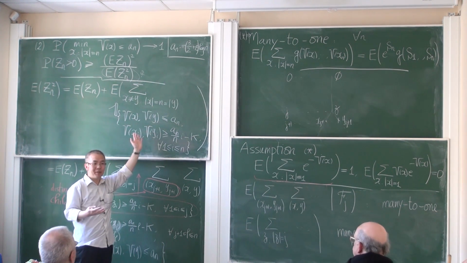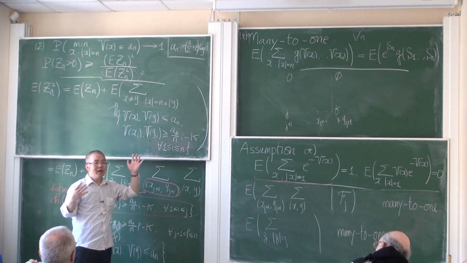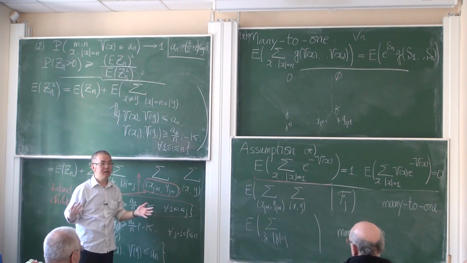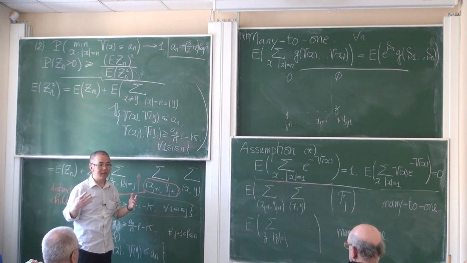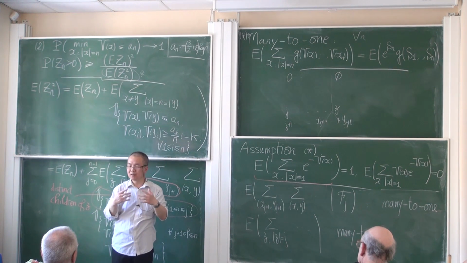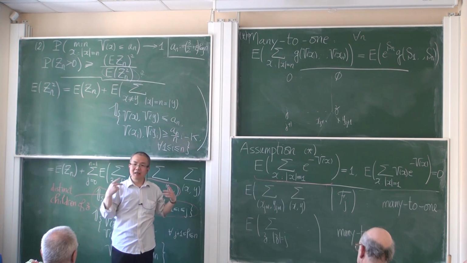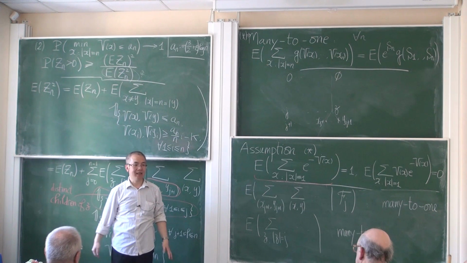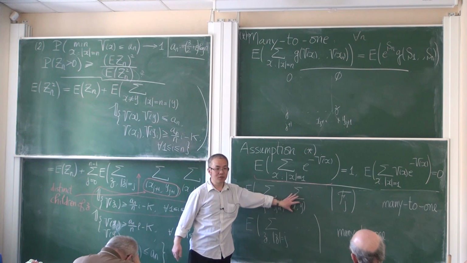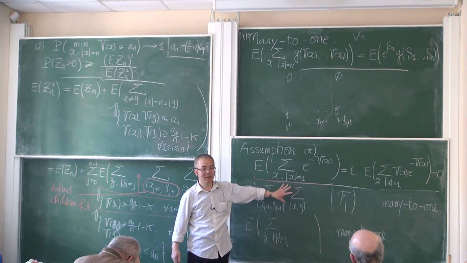I care about the minimal position. What I'm afraid of is having too many children with low positions. So I want to exclude this. So I have an integrability condition which guarantees that my children are not like that, and that will allow me to deal with this part.